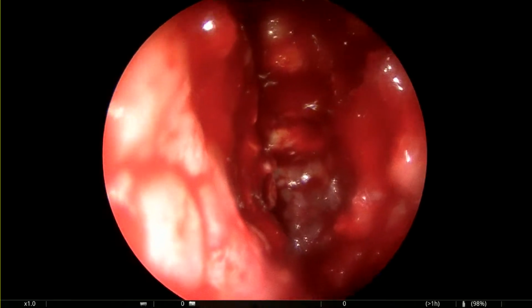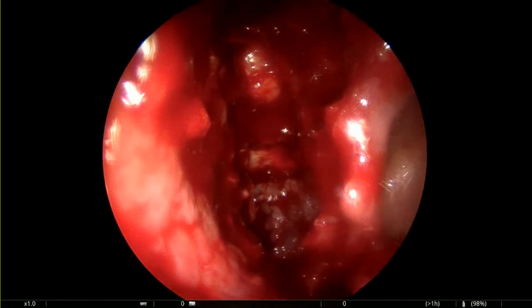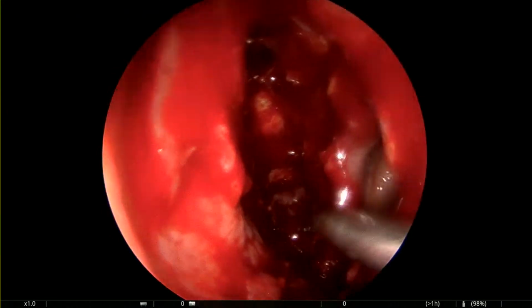So we're going to wash one last time, and I think the surgery is finished.